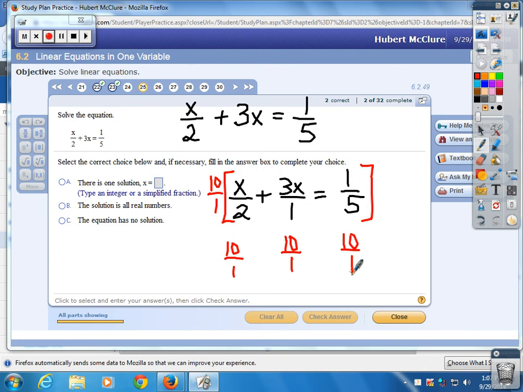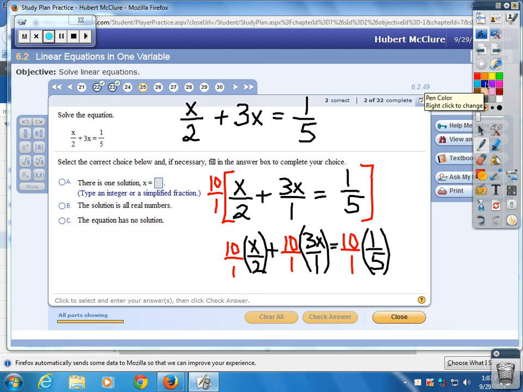And I'm going to multiply through by x over 2, 3x over 1, 1 over 5. And put parentheses, that means we're multiplying. And take my purple marker. What happens to the 2 and the 10? And that's a 5x.